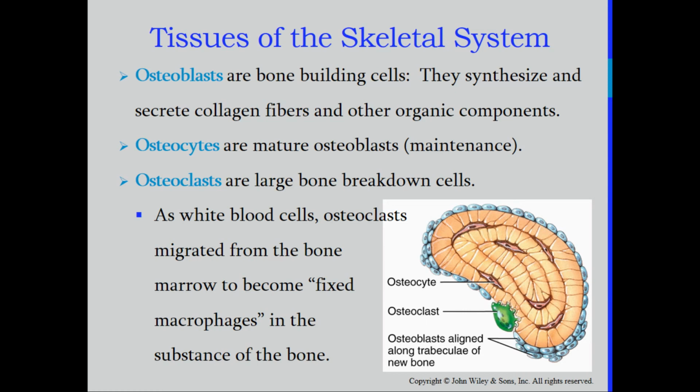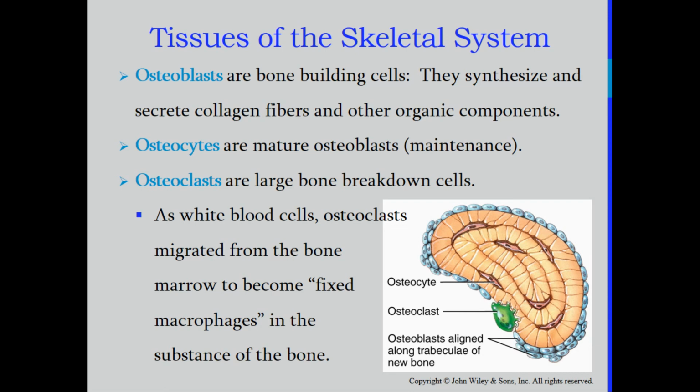Osteoblasts are bone building cells. They synthesize and secrete collagen fibers and other organic components, as I just said on the last slide. Osteocytes are a mature bone cell. They help maintain a bone during its life, and the osteoclasts are large bone breakdown cells. They're the ones that clear the old bone matrix away.